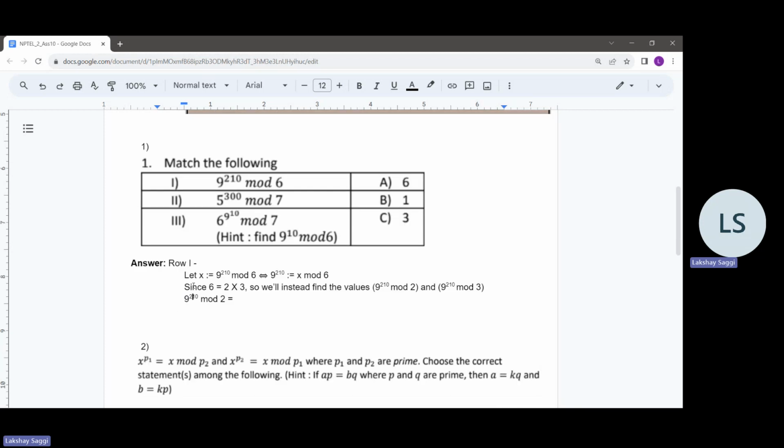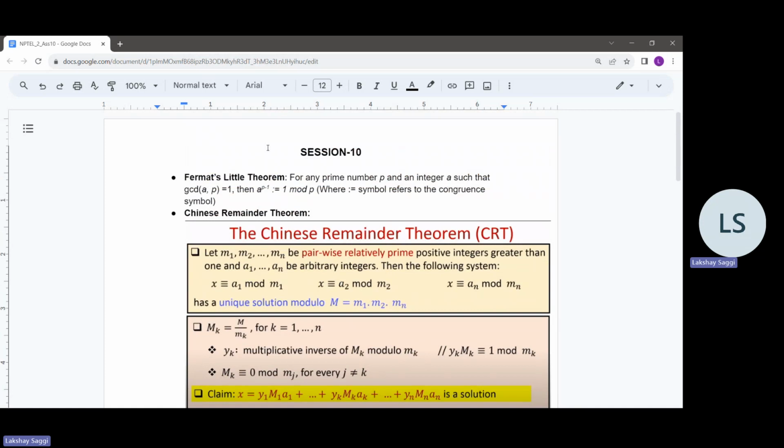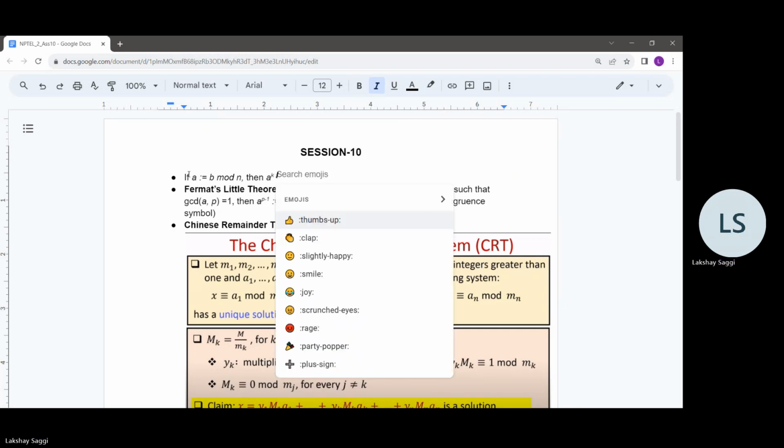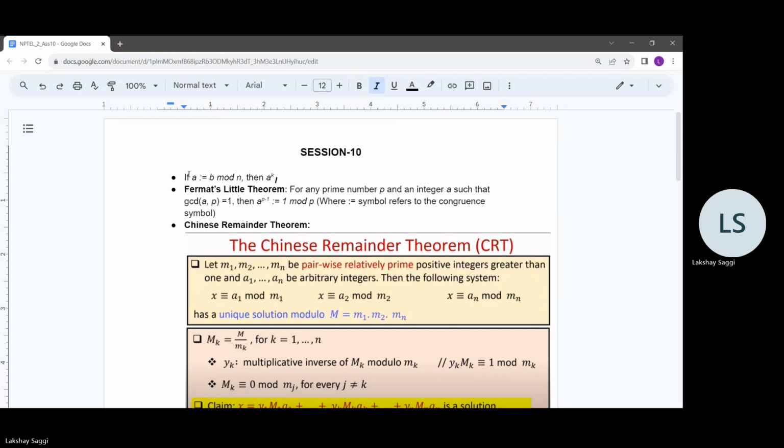So we know from the properties of the modulo function, maybe I should write this in preliminaries also: if A is congruent to B mod n, then A raised to the power k is congruent to B raised to the power k mod n. This has also been discussed in the lectures, but I'll just be reminding you guys so that you can see what we are trying to essentially do.